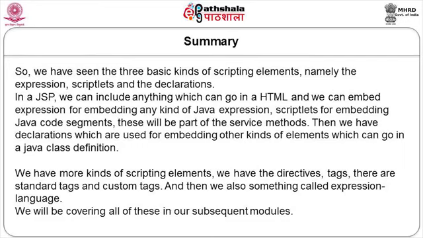If that Java component has to have access to all the implicit objects, how will it receive them? Not by having so many parameters, but by a single parameter which would be a page context. That would come later in a different module. But the idea here is that in our expressions and scriptlets, we have 8 implicit objects which can be used.